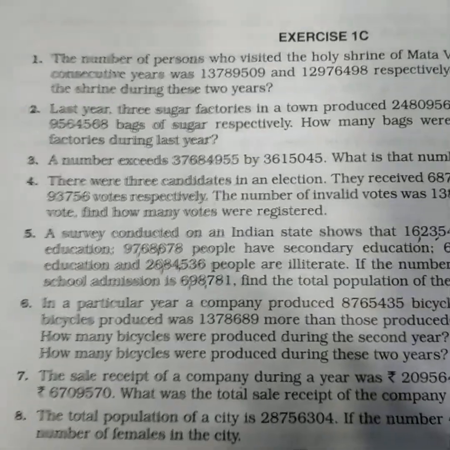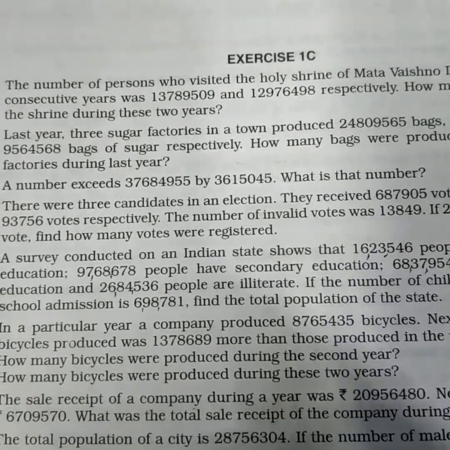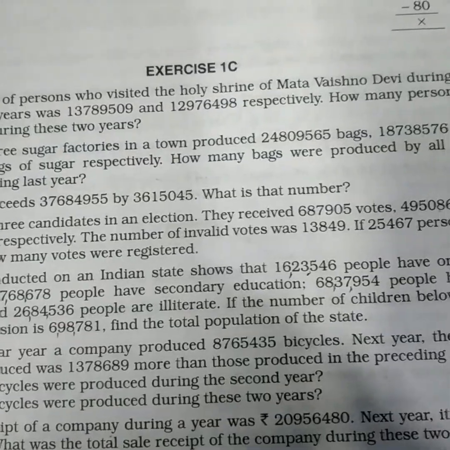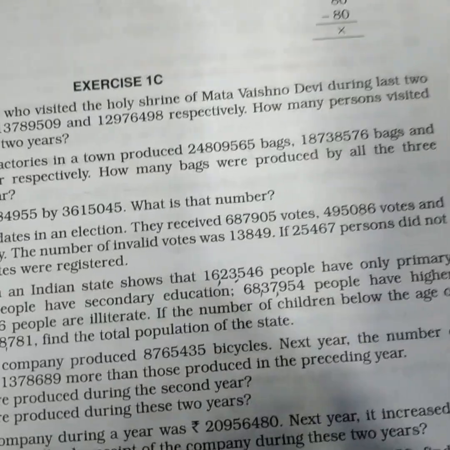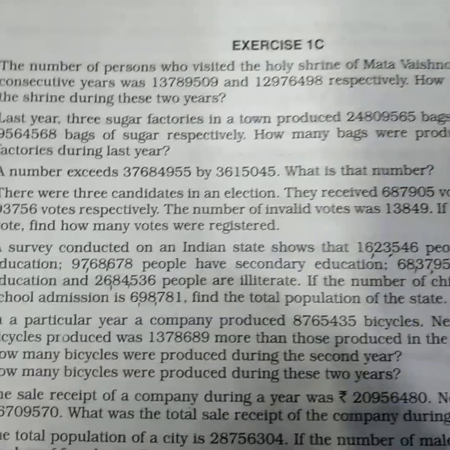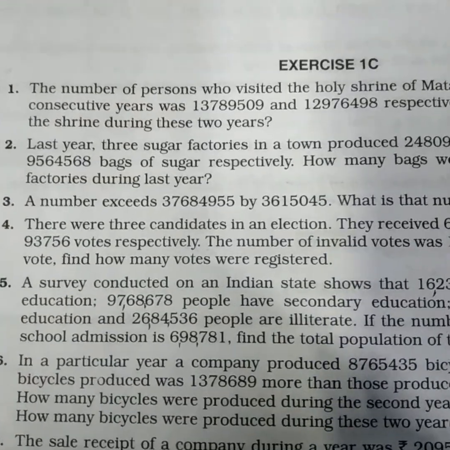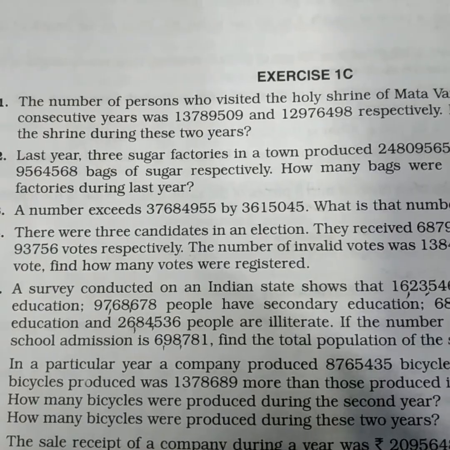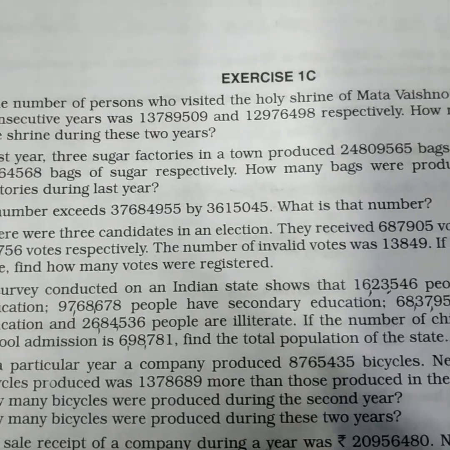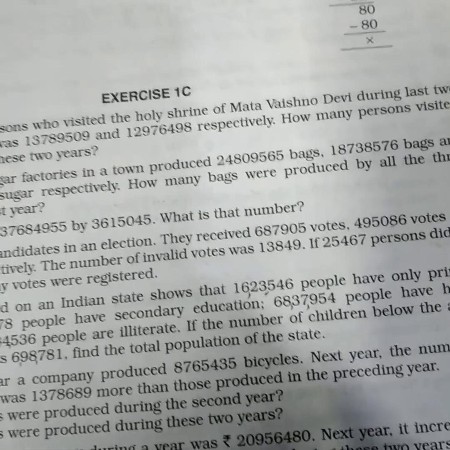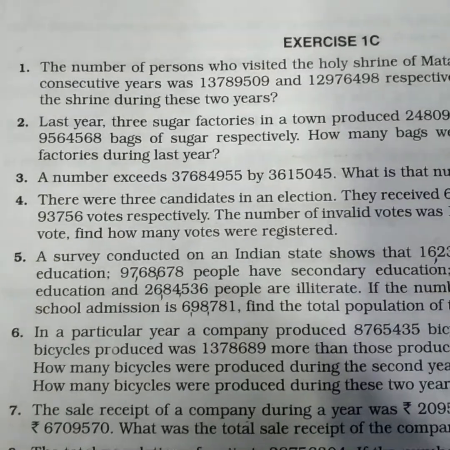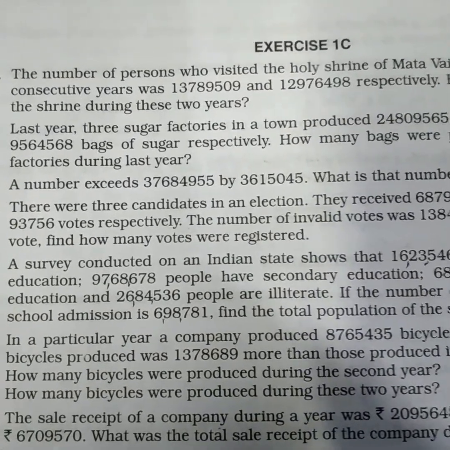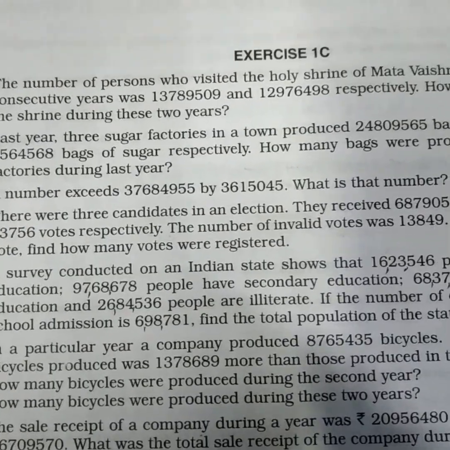Now question number 5. A survey conducted on an Indian state shows that 16,23,546 people have only primary education, 97,68,678 people have secondary education, 68,37,954 people have higher education and 26,84,536 people are illiterate.